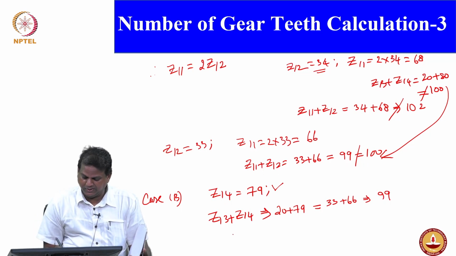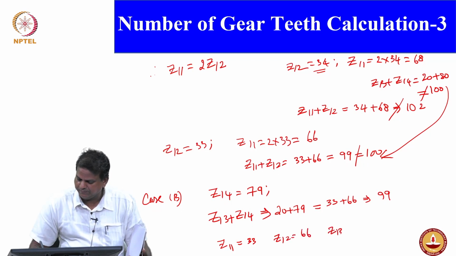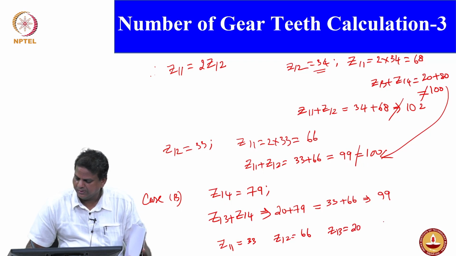So we can establish Z11 equal to how much? Now Z11 should be 33, Z12 is 66, Z13 is 20 and Z14 is 79.